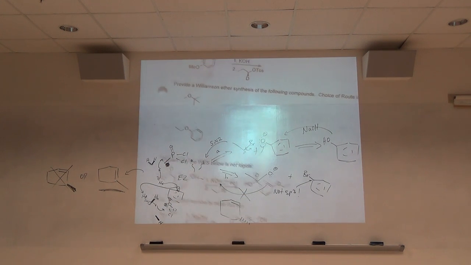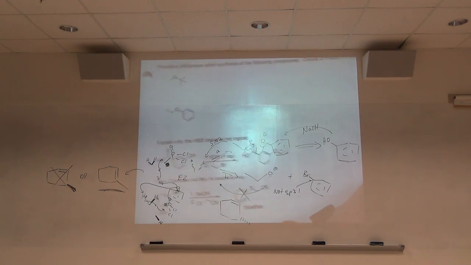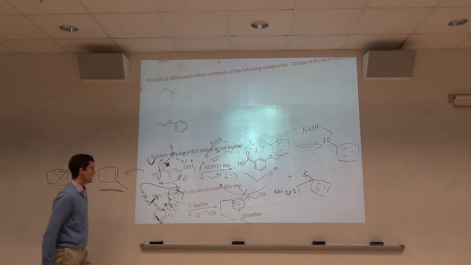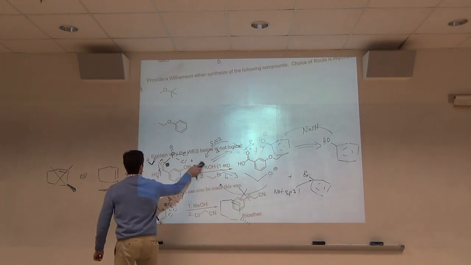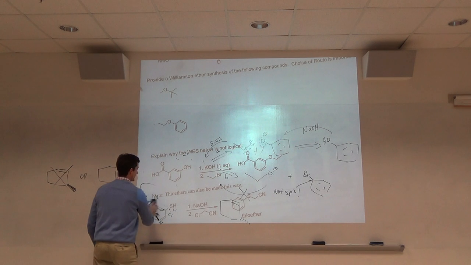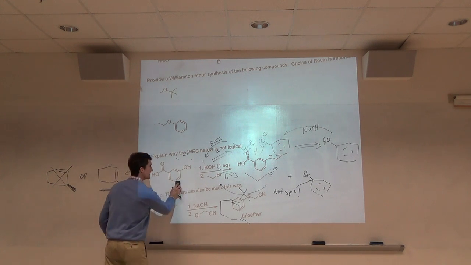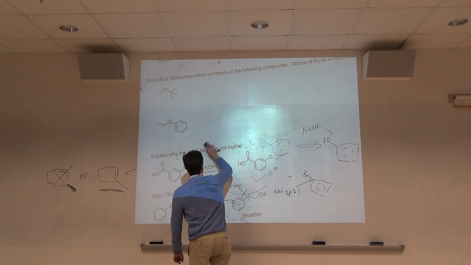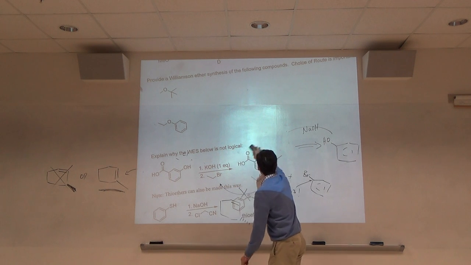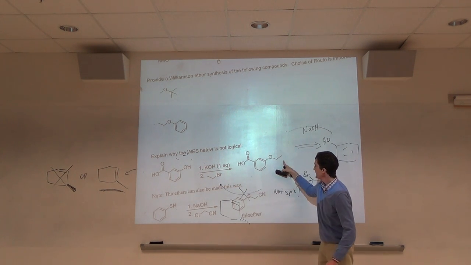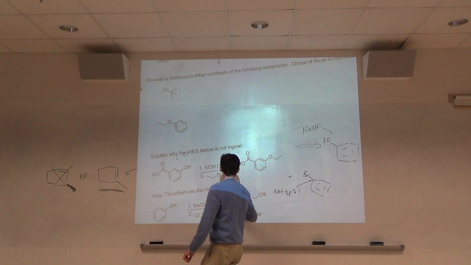Explain why the Williamson ether synthesis shown there is not logical. It looks like this product is reacting with KOH and then ethyl bromide to give this ether here. What's wrong with this?